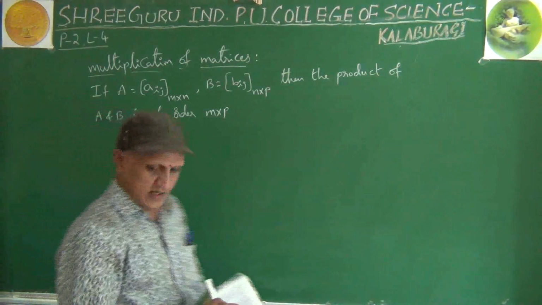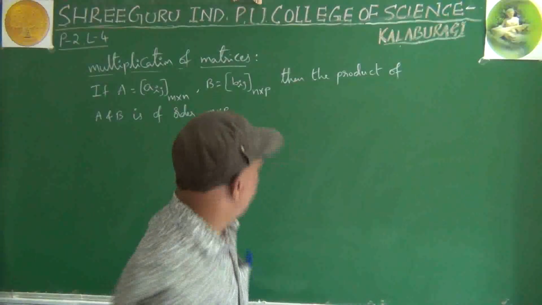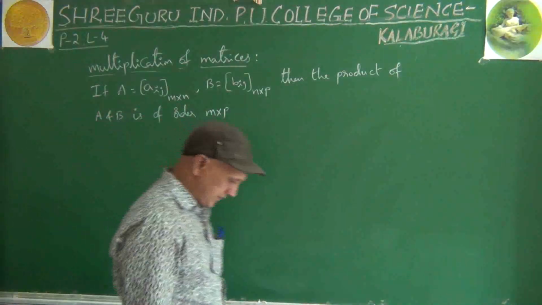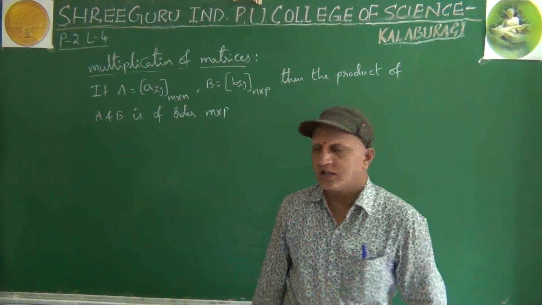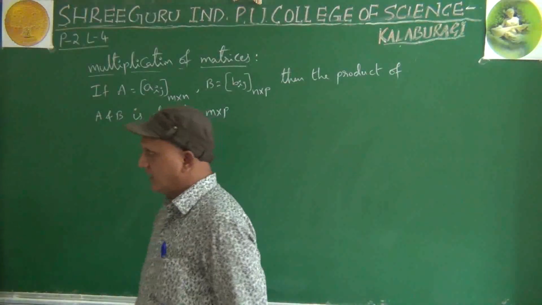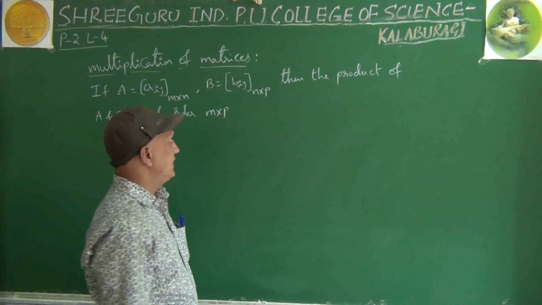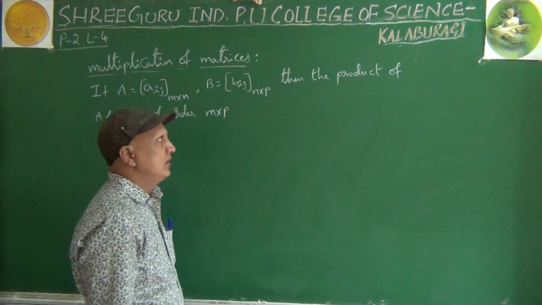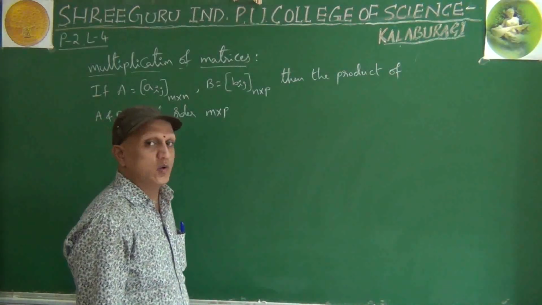The product of A and B is of order m by p. Right? It takes time. I will explain 2-3 examples. Then you will understand the product, how to do the multiplication between two matrices.